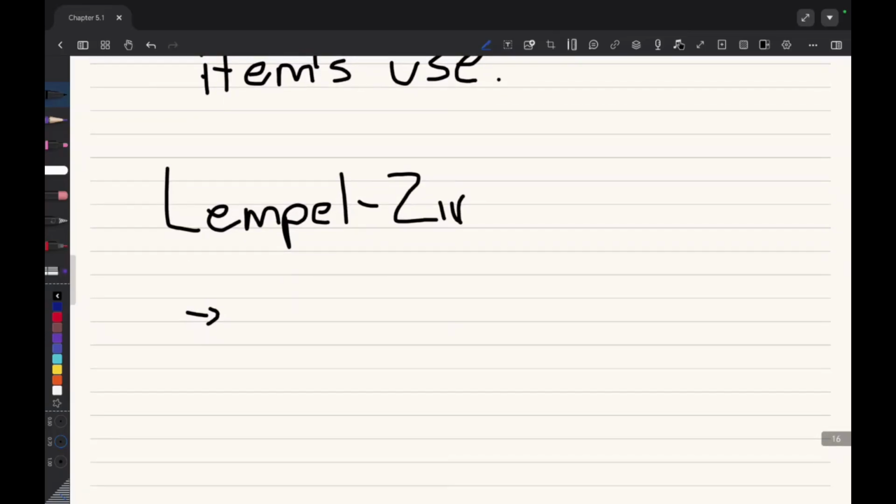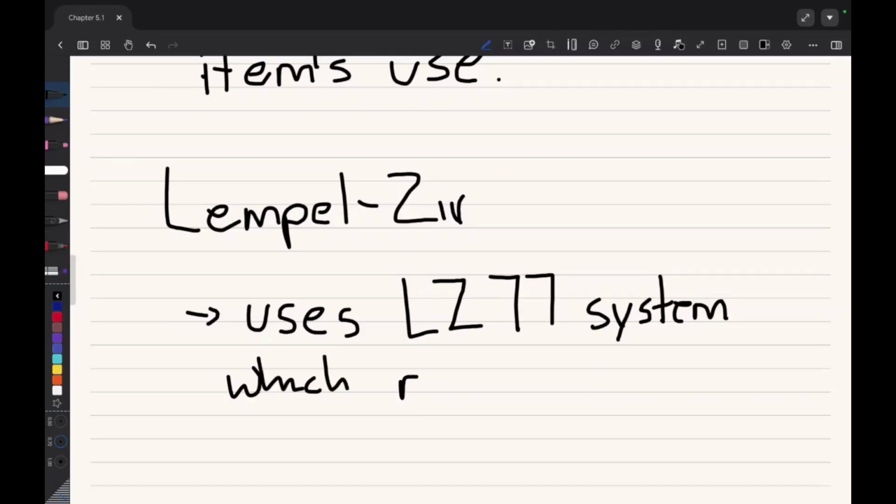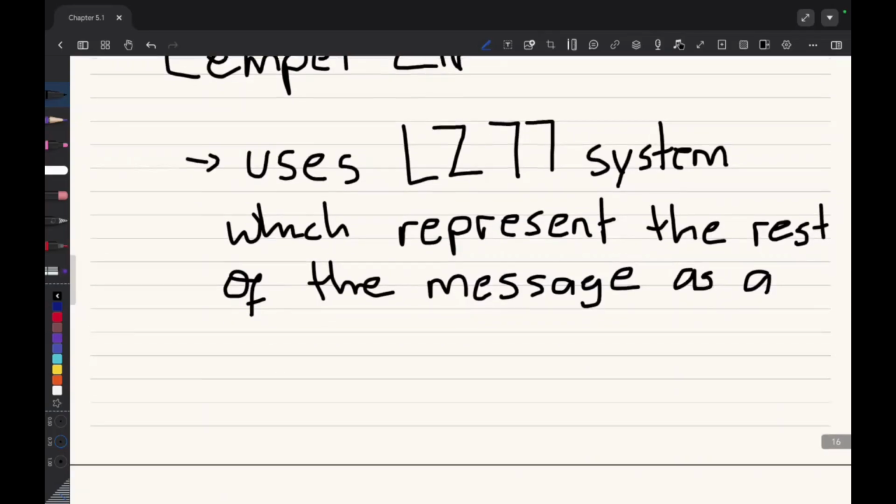Sorry, I'm just tired. And this one uses the LZ77 system, which represents the rest of the message as a sequence of triples.